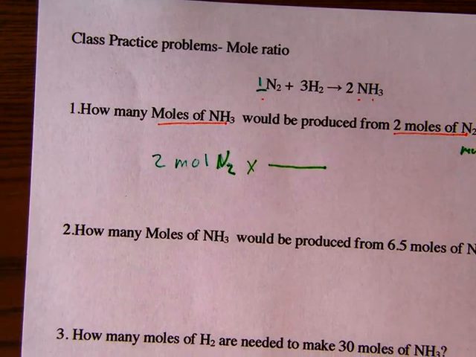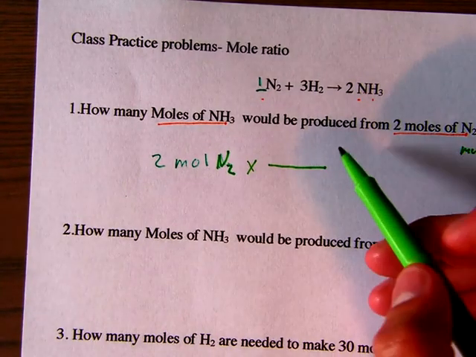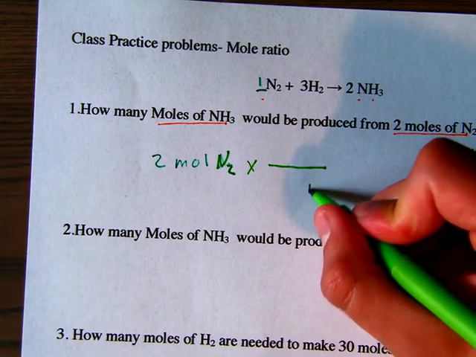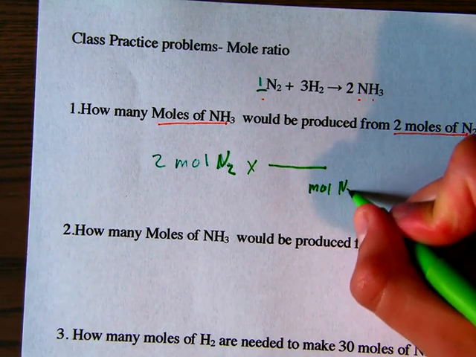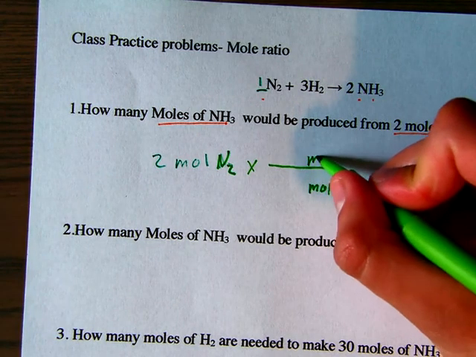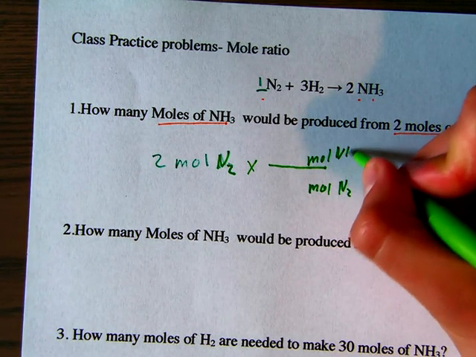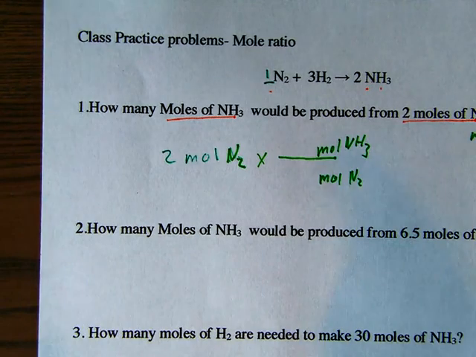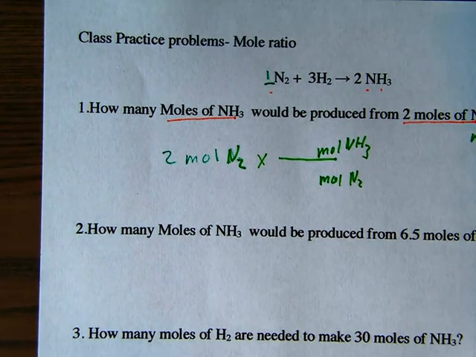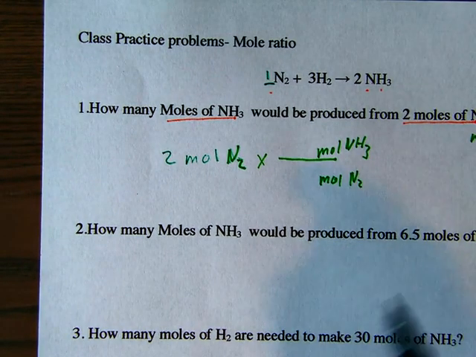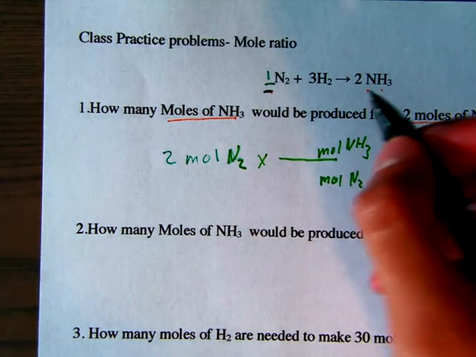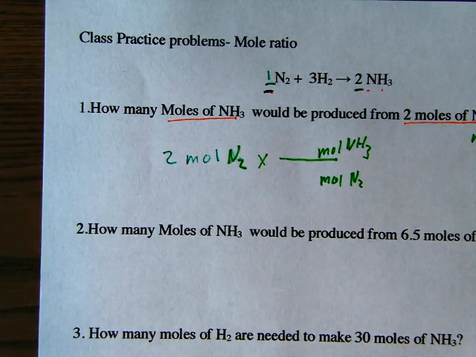Okay, so let's look at the problem. Remember, every time we're converting, this unit goes in the bottom. So I put this unit here, moles of N2. What I want is moles of NH3, so I put that on top. Moles of NH3 go on top. Okay. Now the question is, where do I get these numbers from? Well, my equation tells me that for every 1 mole of these, I produce 2 moles of this.